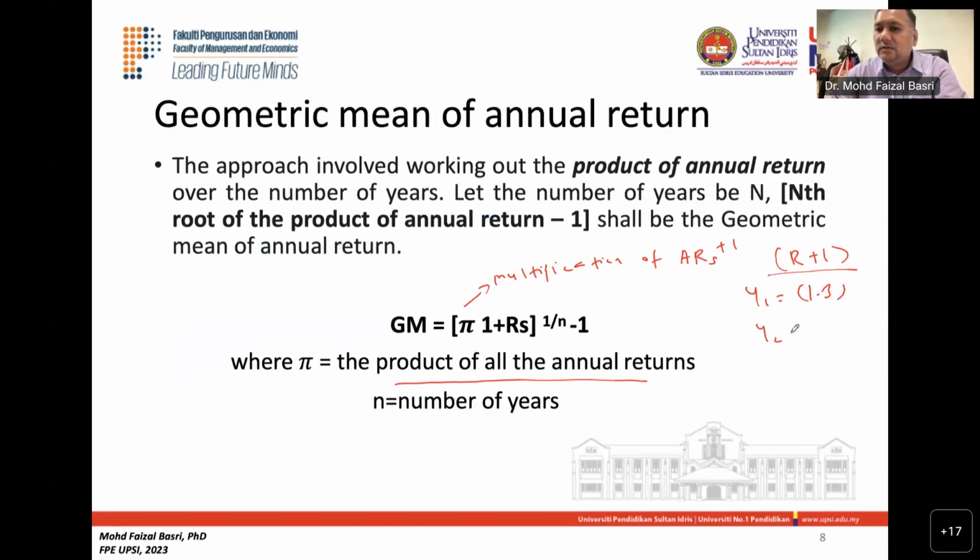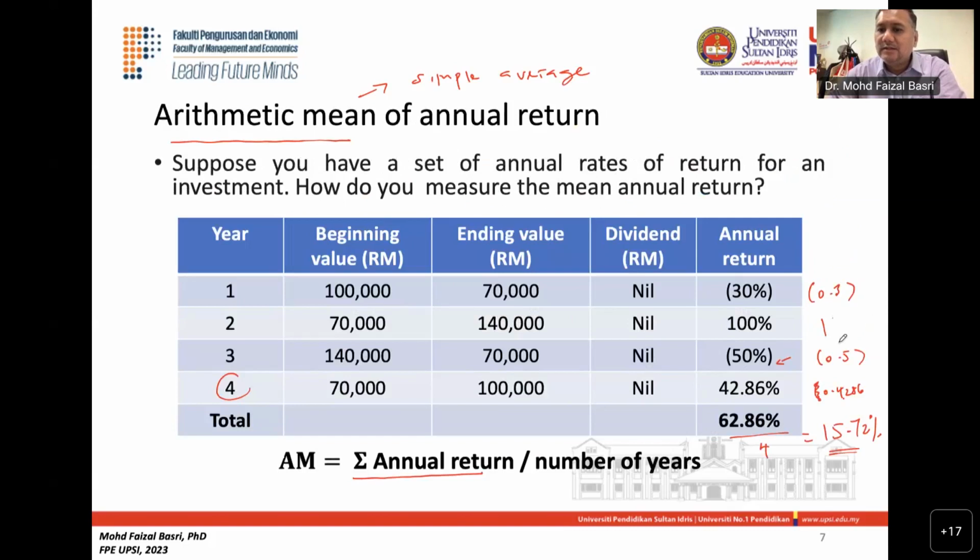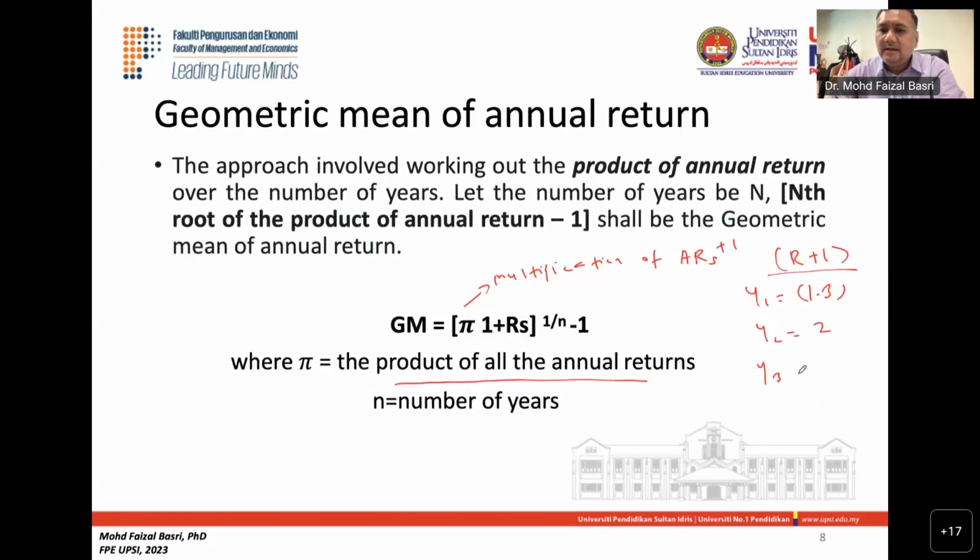For year 2, it will be 2. Okay, 1 plus 1 is 2. This plus 1 is year 3, negative 1.5. And for year 4, it's 1.4286. Okay, so this is our R plus 1.